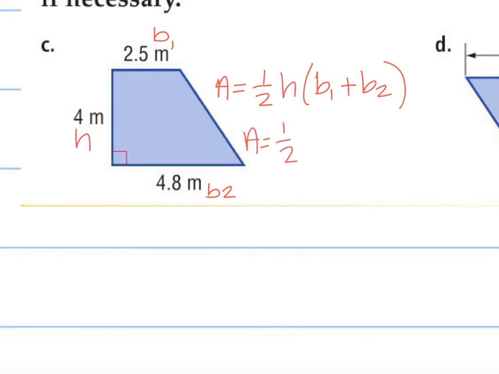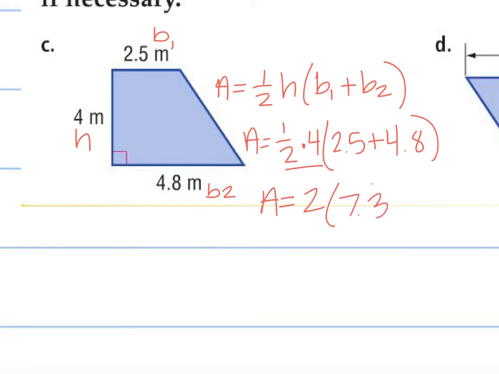So we have 1/2 times 4, and then 2.5 plus 4.8. So I know 1/2 times 4 is 2, so I'm just going to simplify that really quick right now. So 2 times, and then we have 4.8 plus 2.5 is 7.3. And now I just have to do 7 3/10 times 2, and I get 14.6. I match my units, so meters squared.